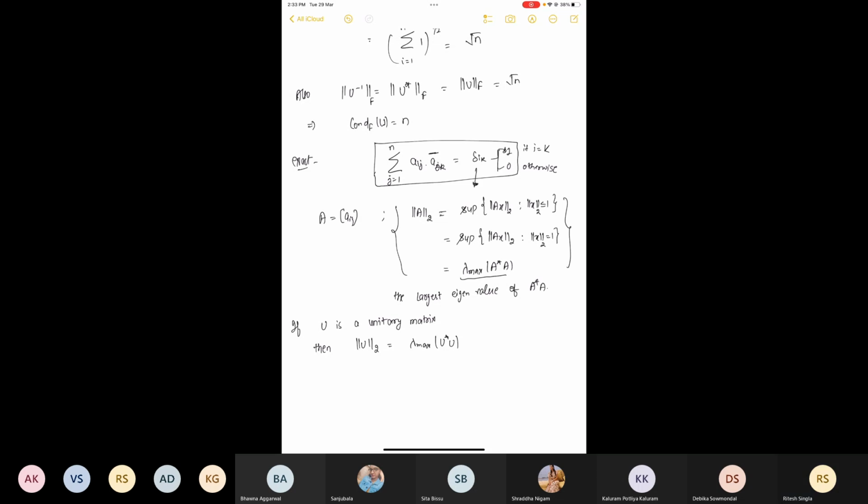Isn't it? Yes sir. And U star into U is what? Identity, because U is a unitary matrix. So lambda max of the identity matrix. What is the largest eigenvalue of the identity matrix? 1. And similarly for U inverse also, you will get it equal to 1.